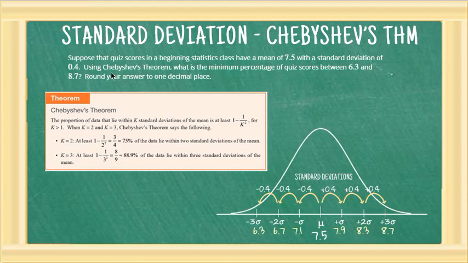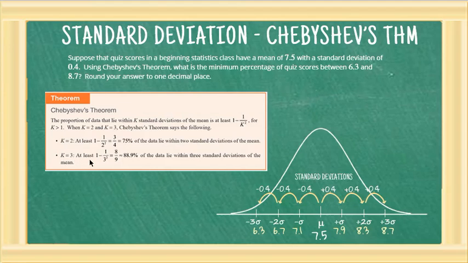Now instead of the empirical rule, let's use Chebyshev's theorem. What's the minimum percentage of scores that have to land between 6.3 and 8.7? We have to figure out what deviations those are. 6.3 I've already got here, that's -3 deviations, and 8.7 is +3 deviations. So we're looking at this second rule, k equals 3.